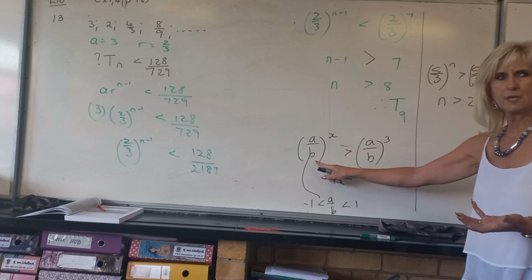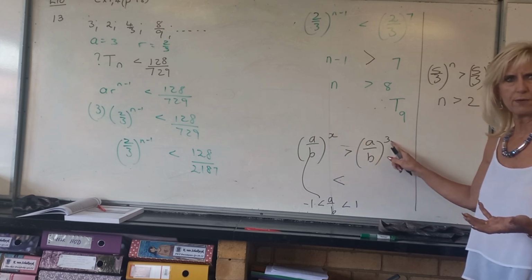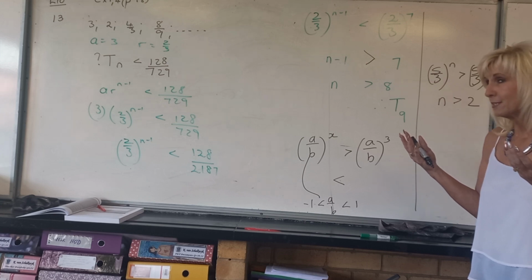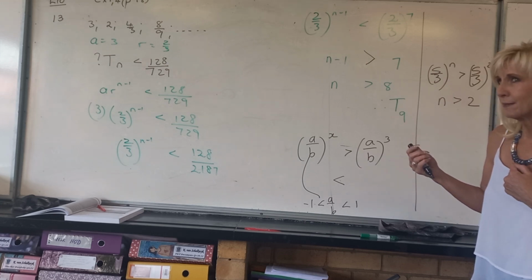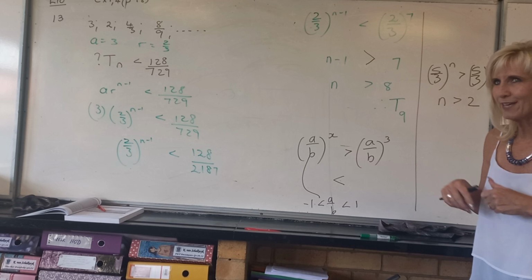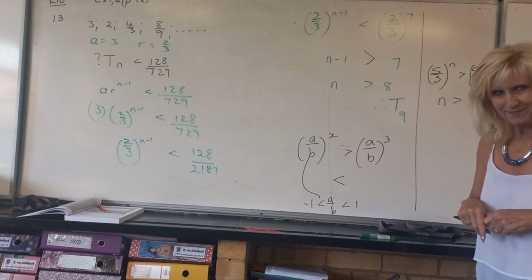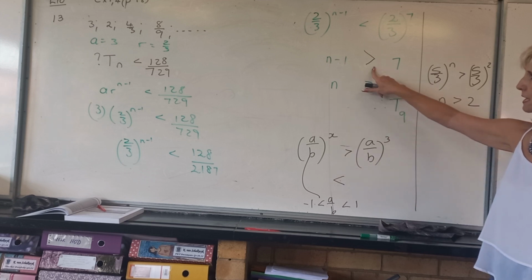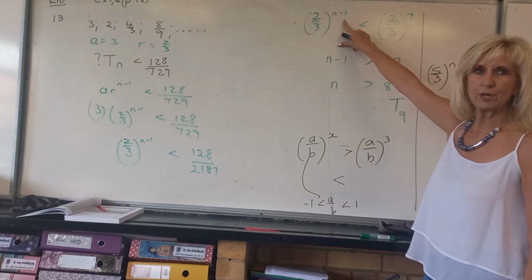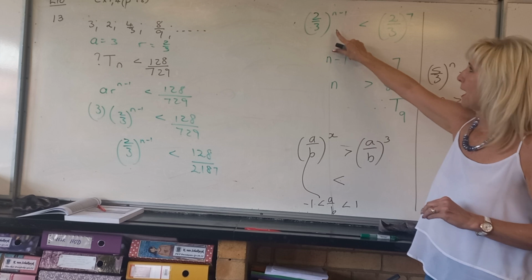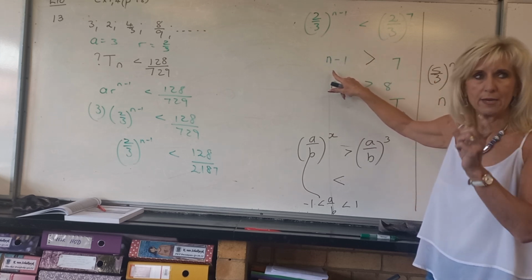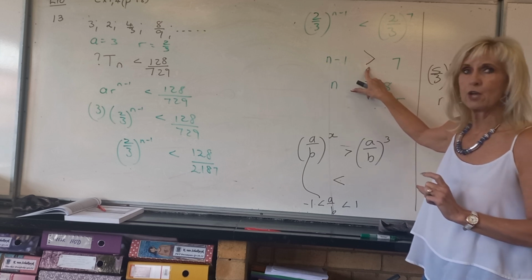Because then that would be 0 to the power, and 0 to the power is? 0 to any power is? 0. Okay, but that's technical stuff. The principle I want to say is, if we do this exponential inequality, and the base is a fraction between 1 and minus 1, then that sign will change around.